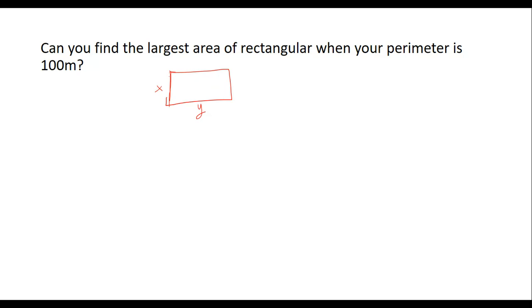We need to see what is the best way to find the largest area possible. We also know that our perimeter is 100 meters, meaning that the whole rectangle put together is 100 meters.